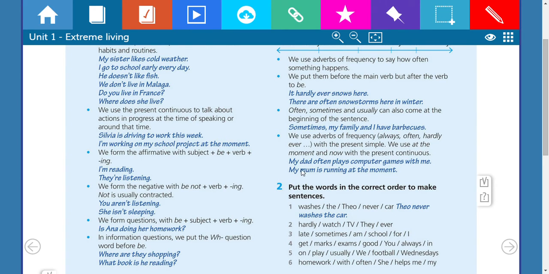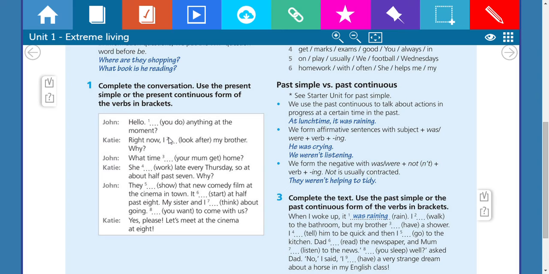Or my mom is running at the moment. So at the moment or now is a phrase for the present continuous. In that case you can identify the time.